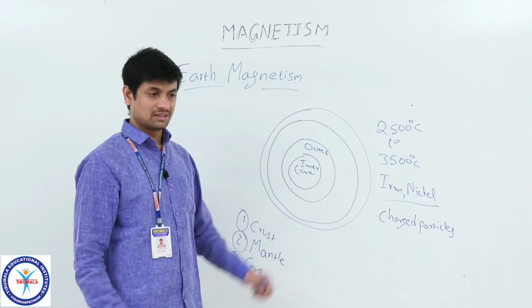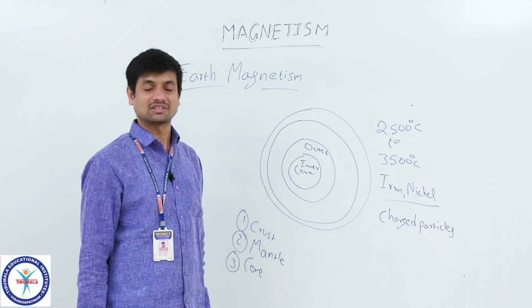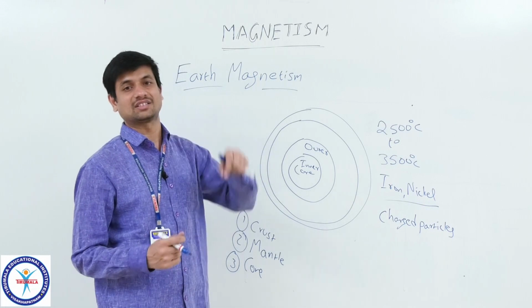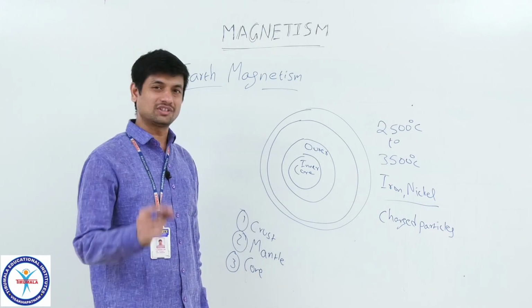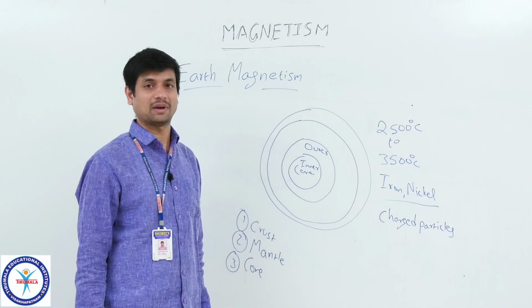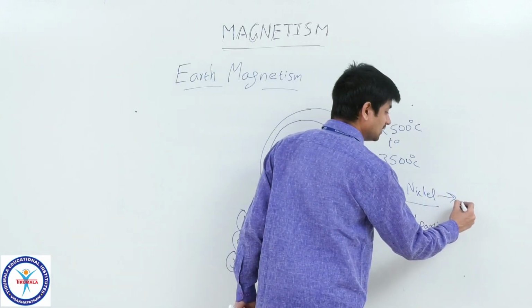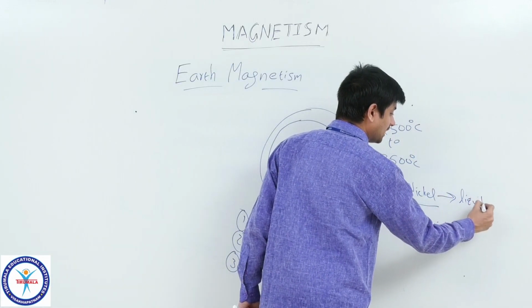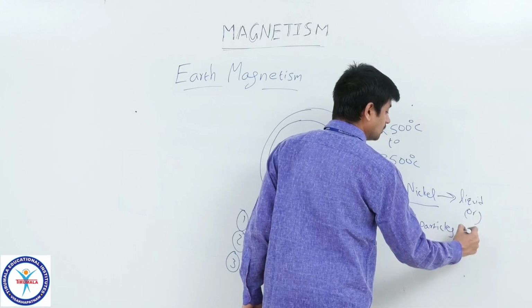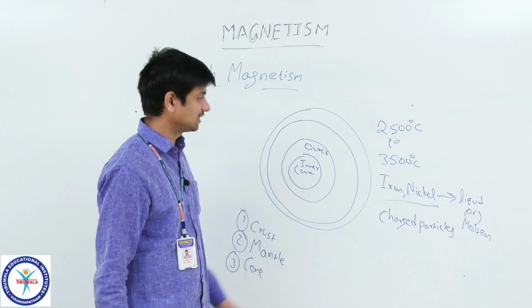Now we know that the Earth is moving 7,000 km per hour around the sun, and it is rotating itself with some speed. Due to all these motions, the iron and nickel charged particles are mainly in a liquid or molten state. Look at this temperature.